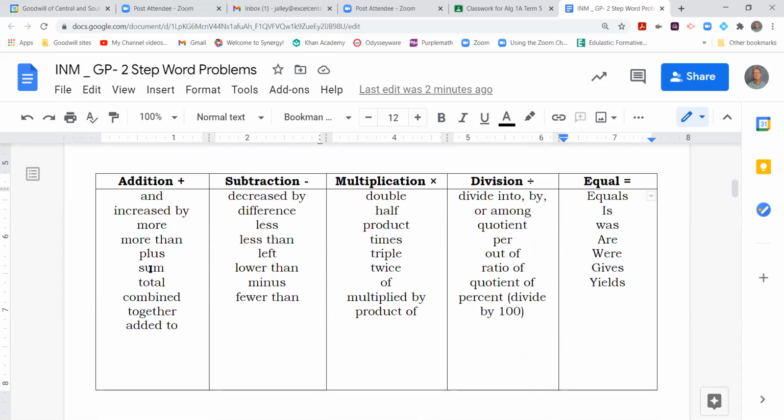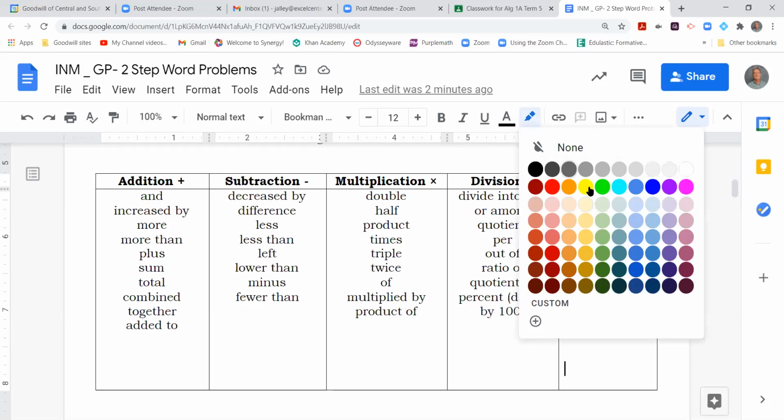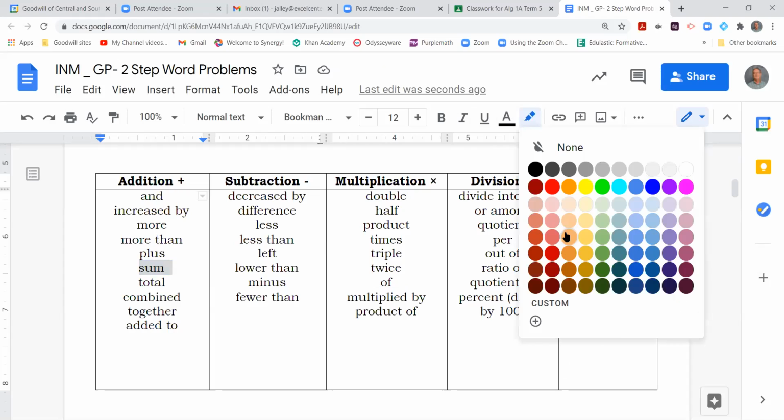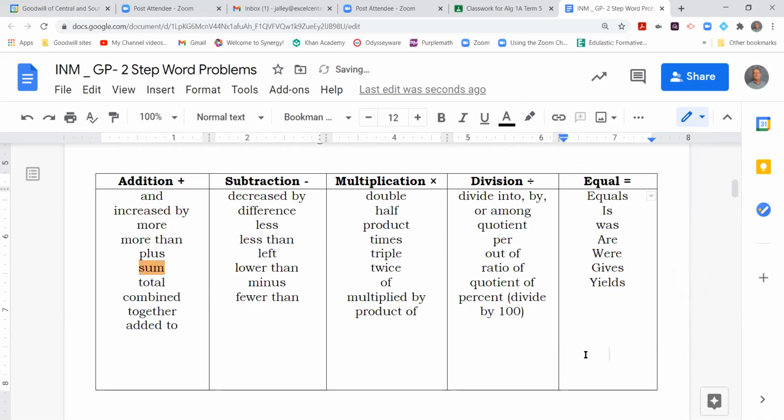There are lots of different ways to describe in a word problem what kind of problem it is. So for addition, the traditional term, sum, tells you that's an addition problem.